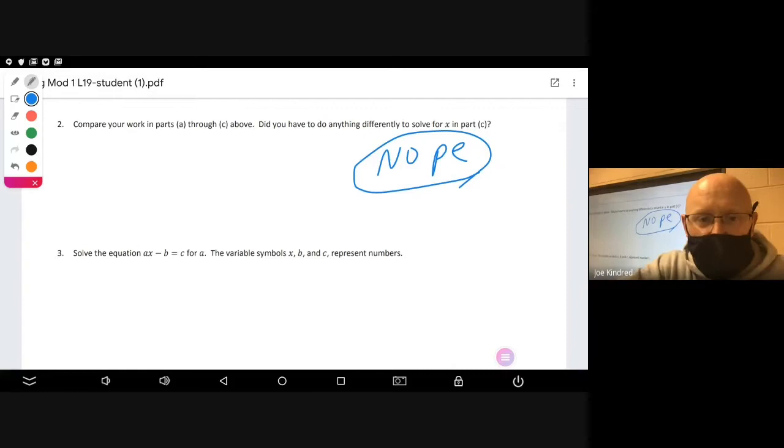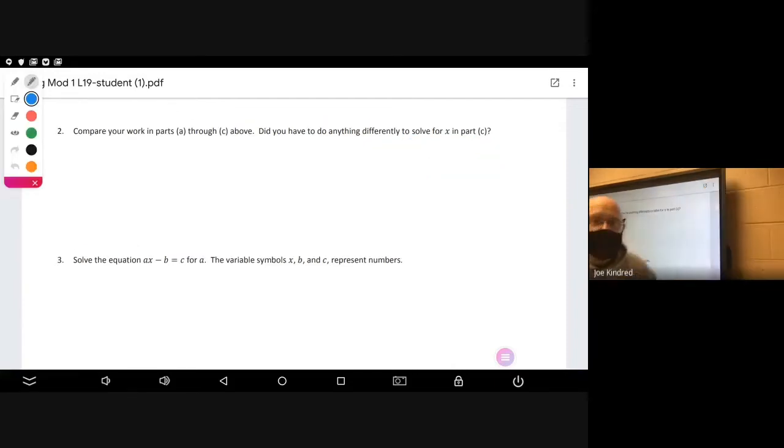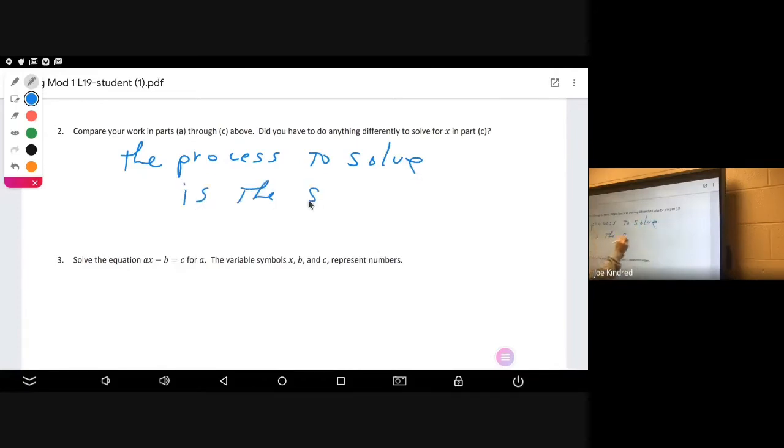And so the process to solve all 3 equations is the same. So the answer to number 2: the process to solve all 3 equations is the same. Okay? All right, move on to number 3.